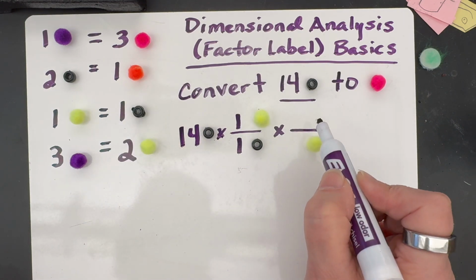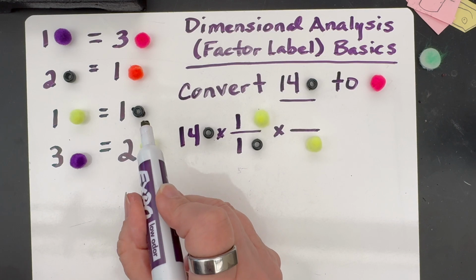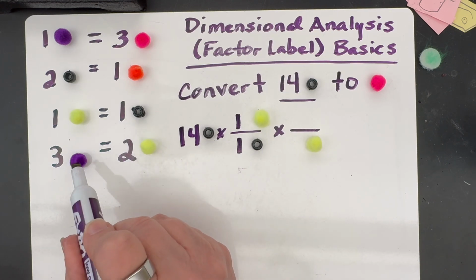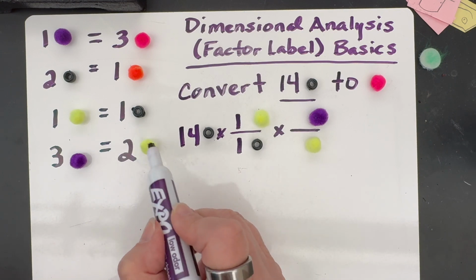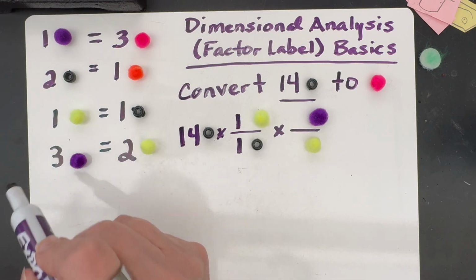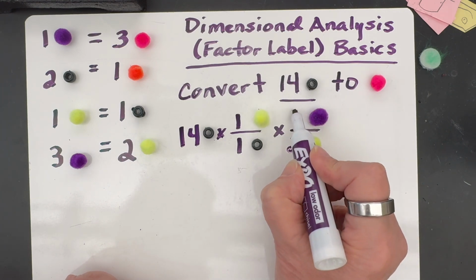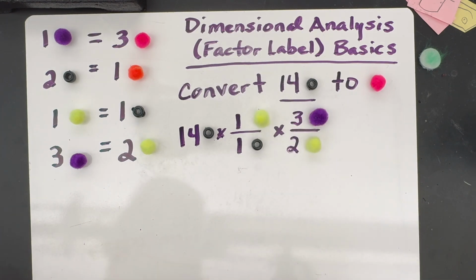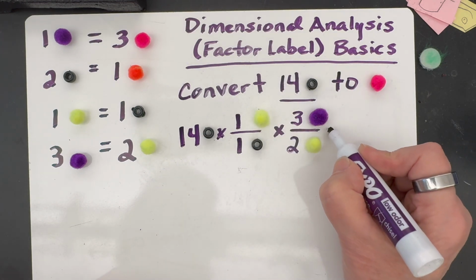Well, we don't want to go back to black. We were already there. That's where we started. So that would be going backwards. So we want to go from yellow to purple. Our conversion factor for that says 2 yellows are equivalent to 3 purples. Now our yellow fuzzies will cancel.